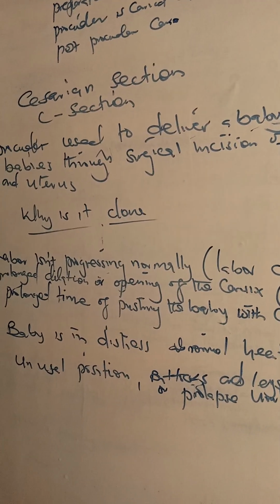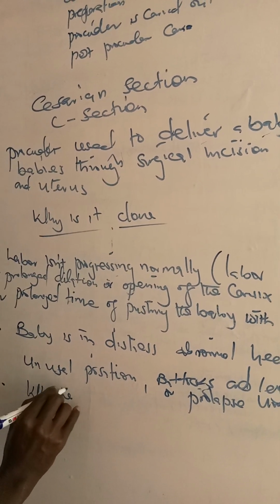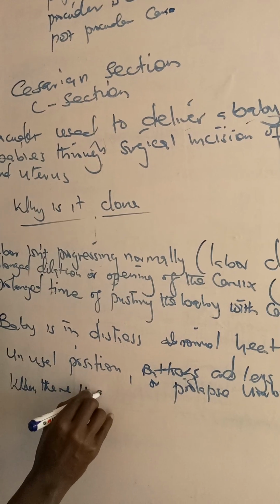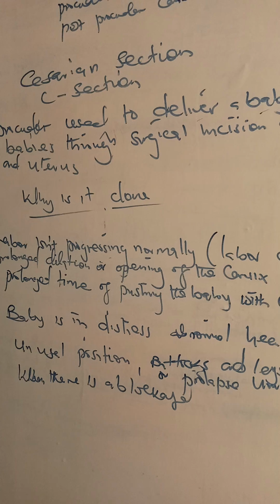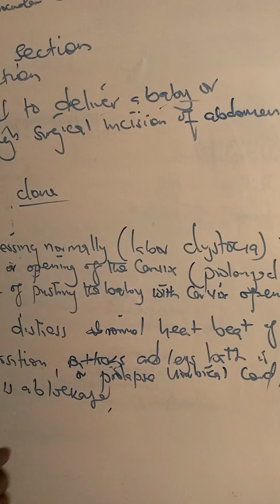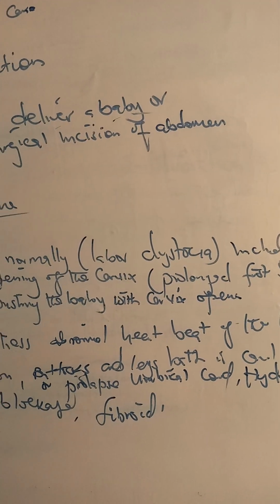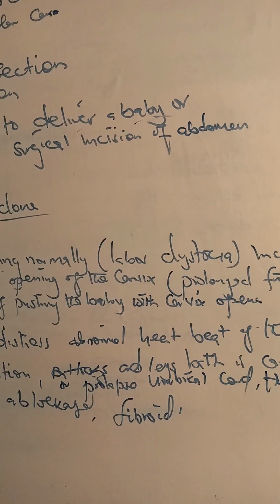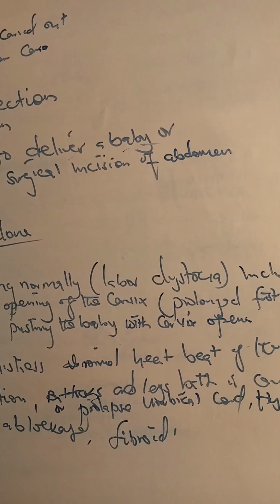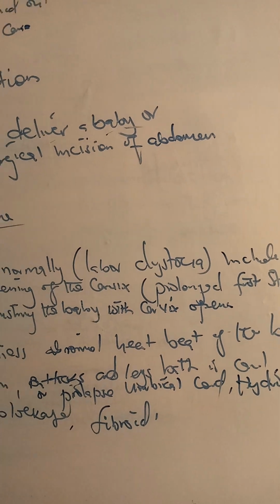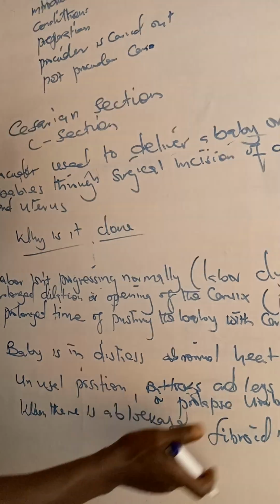Another one is when there is a blockage. What brings the blockage? One can be fibroids. When the mother has developed fibroids, first she's in pain and cannot push the baby, and secondly, the fibroids themselves can block the smooth passing of the baby.